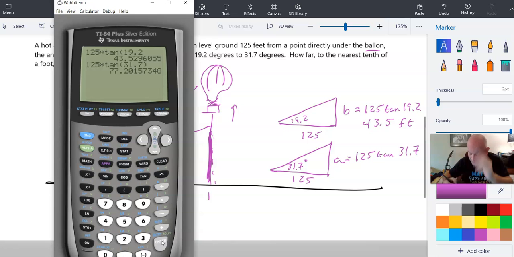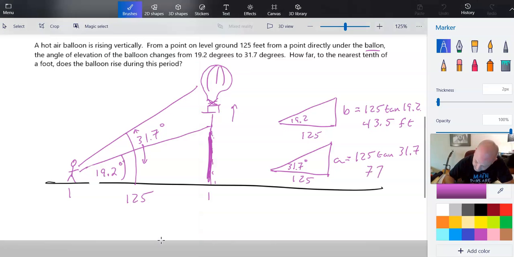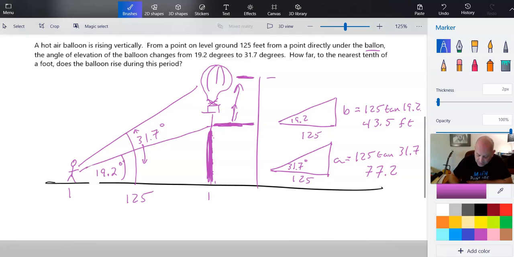That is 77.2, right? And so what I'm really after is the distance from here to here. How far did this thing rise? So it's going to be the difference between these two measurements, because we found this measurement and then we found this total measurement, and the difference between them will be this smaller piece here.